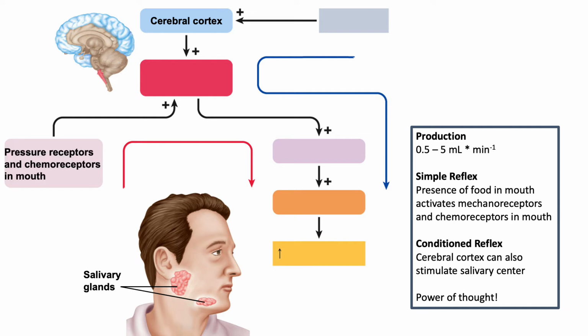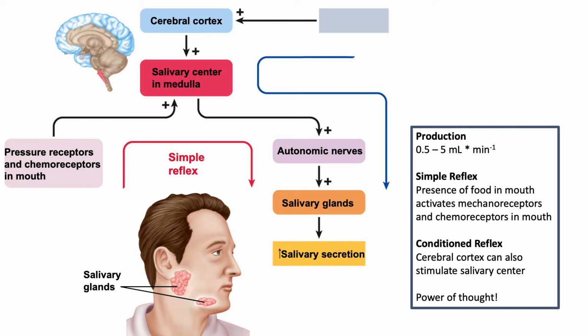So just the presence of food there will pick up on the chemical content or the pressure of food in the mouth, and that is going to send nerve impulses via the afferent nerve to the salivary center within the medulla, that part of the brainstem. Then the salivary center, via autonomic nerves, is going to send signals to the salivary glands to increase salivary secretion. And we term this the simple reflex.